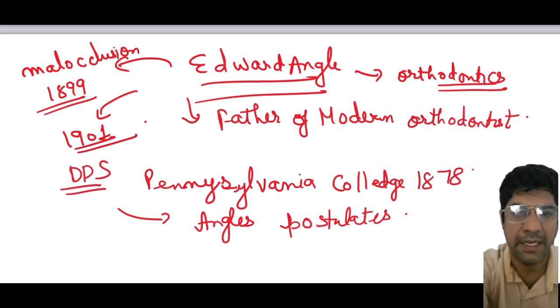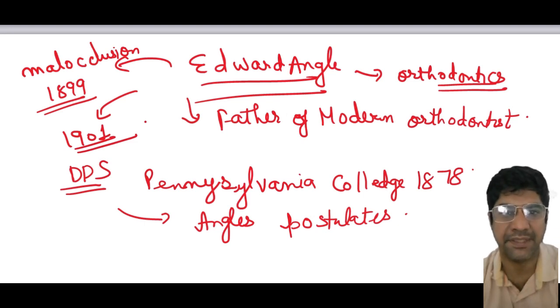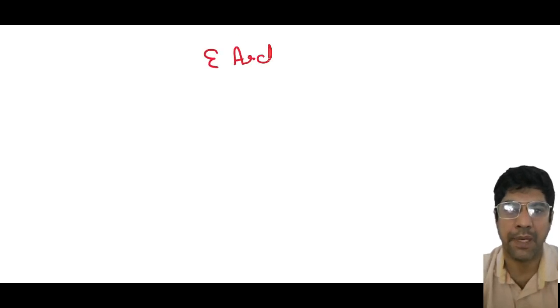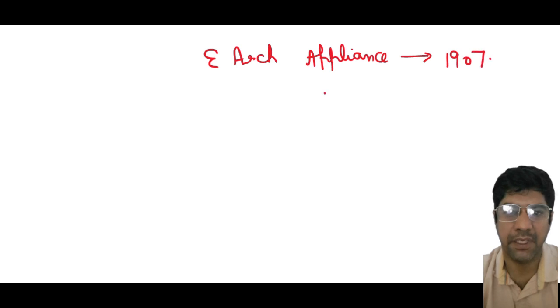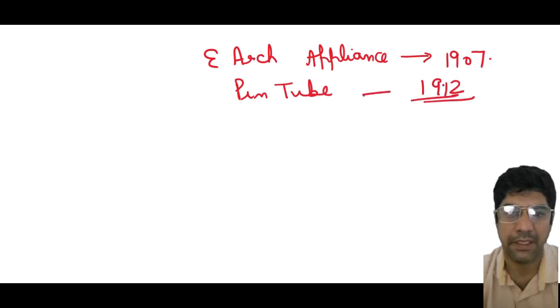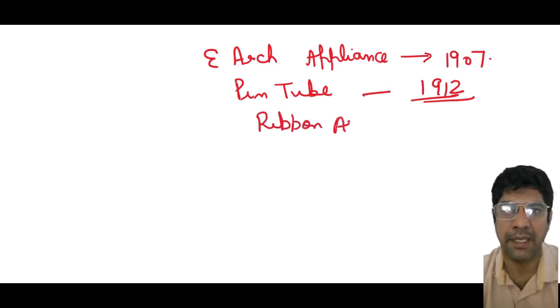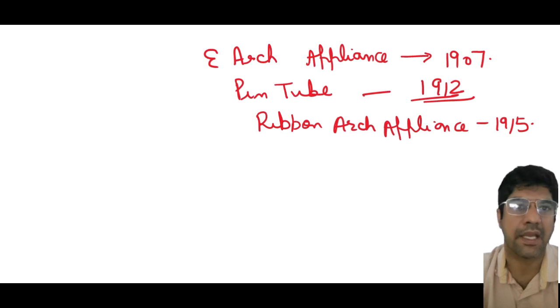He developed various orthodontic appliances that became functional in the field: the E-arch appliance in 1907, the pin and tube appliance in 1912, the ribbon arch appliance in 1915.